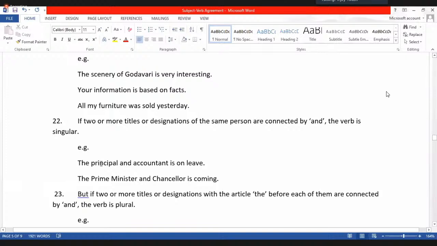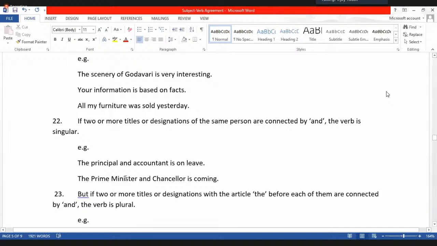So that's why is. But if you write the principal and the accountant, it means two people. The principal, one person, the accountant, another person. If before accountant you write the, then two people will be here. Then you can use are. The principal and the accountant are on leave.